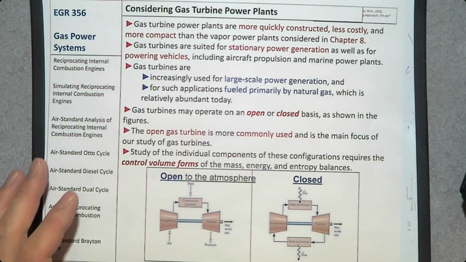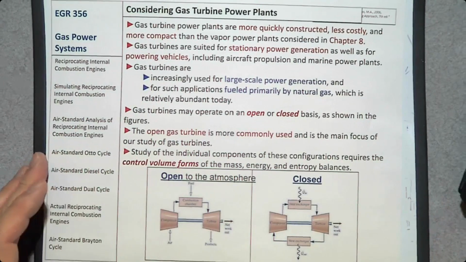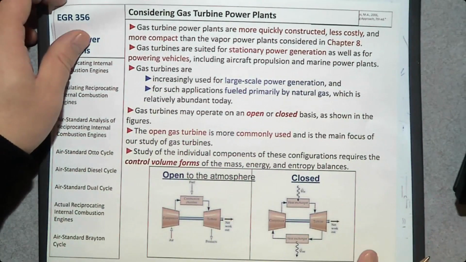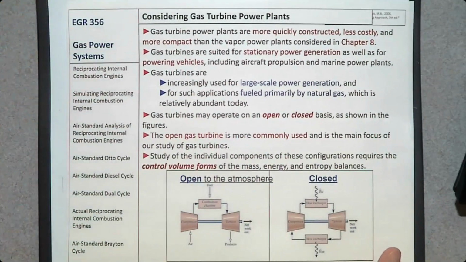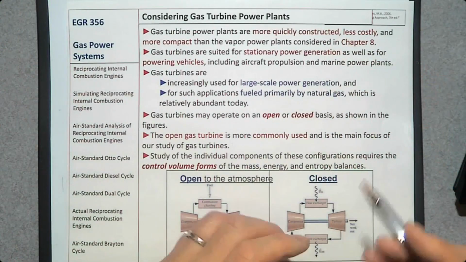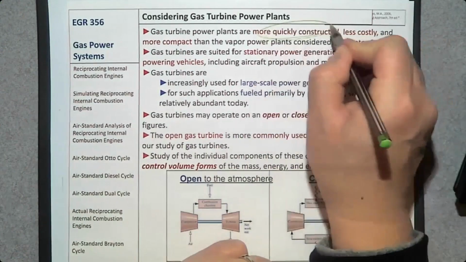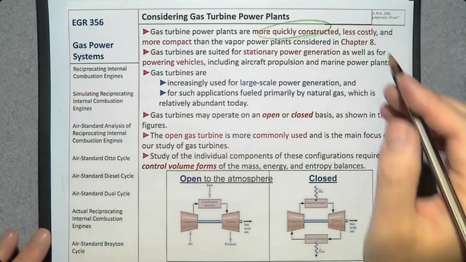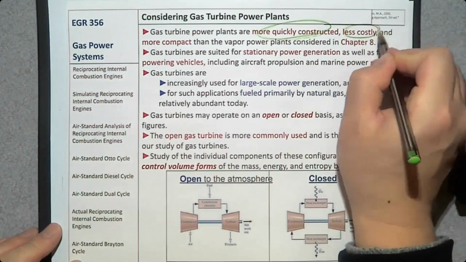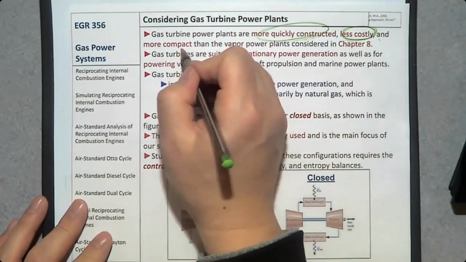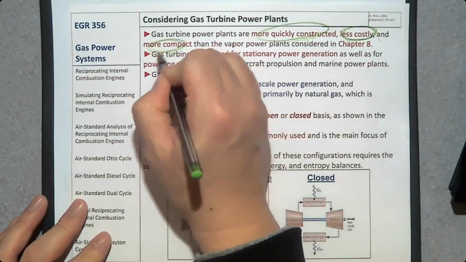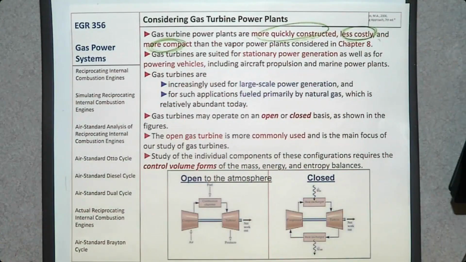So gas turbines have several advantages over vapor power plants that we studied in chapter 8. The advantages are that it's easy to construct because it's very simple, it's much cheaper, and it can be smaller than typical vapor power plants.